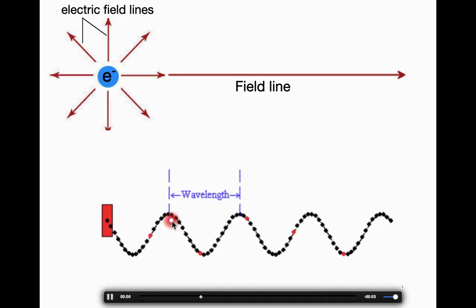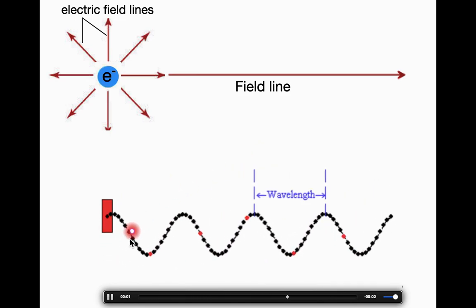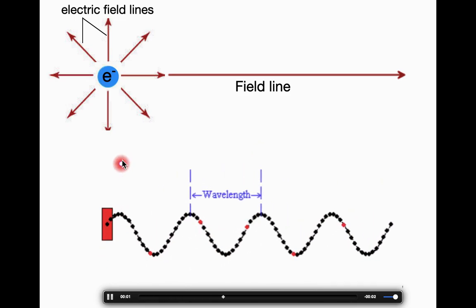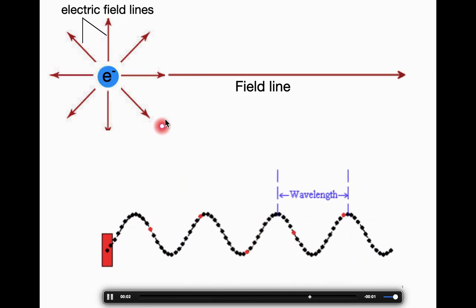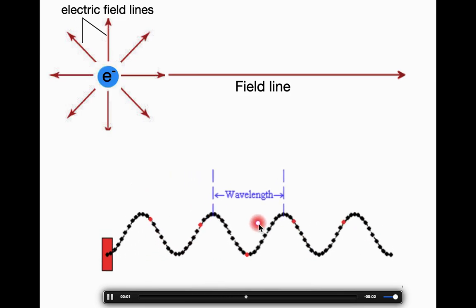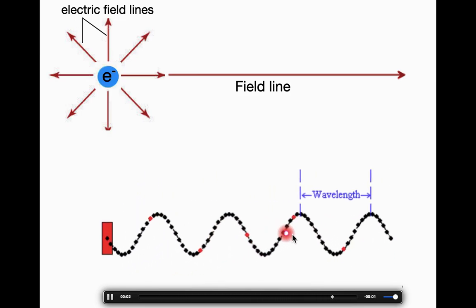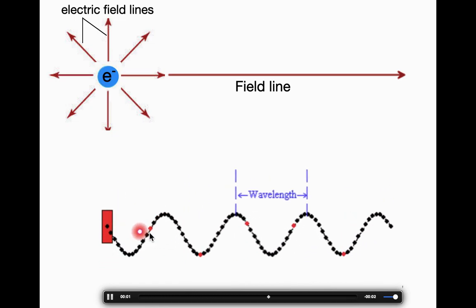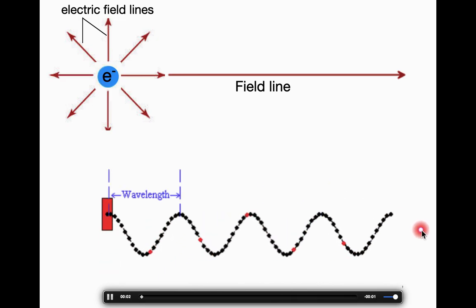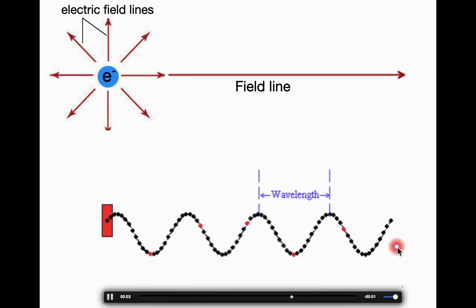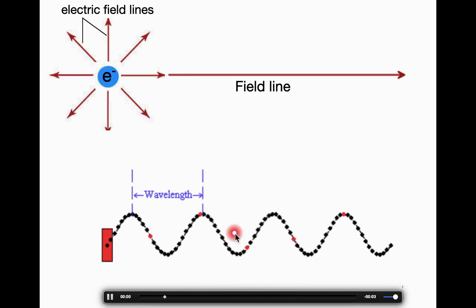So electromagnetic radiation is simply electrons oscillating up and down from one place to another place, and the electric field line moving along with it. But just like if this was a rope, the rope wouldn't actually be moving, just the energy would be moving. Like if you were holding the rope on one side and another person was holding on the other side, and one of you starts moving it up and down, well, the rope doesn't move, just the energy transfers through the rope.